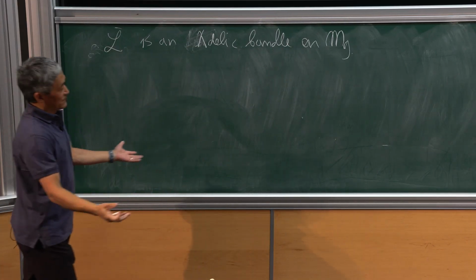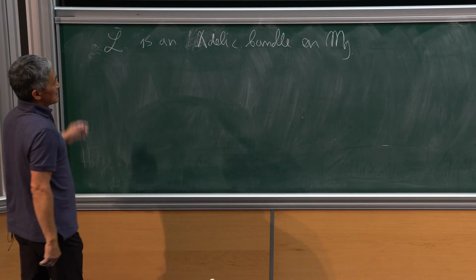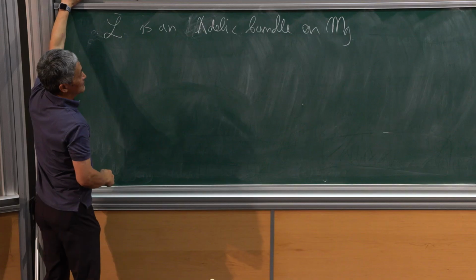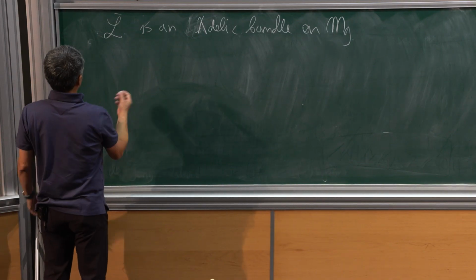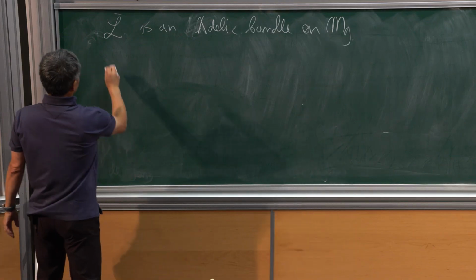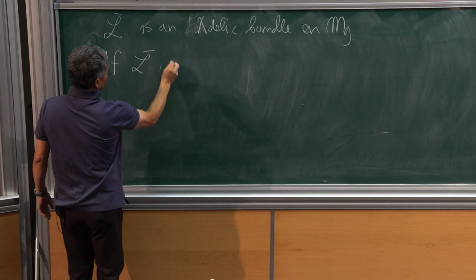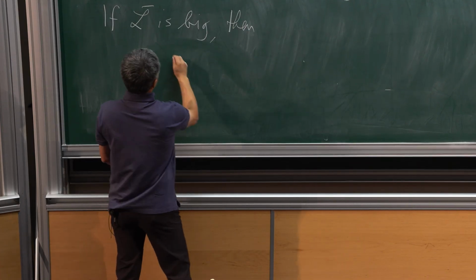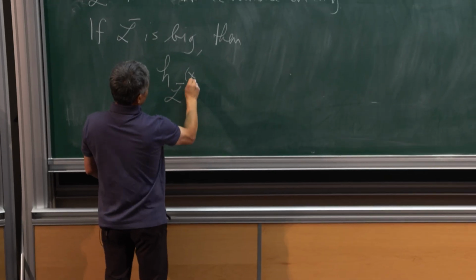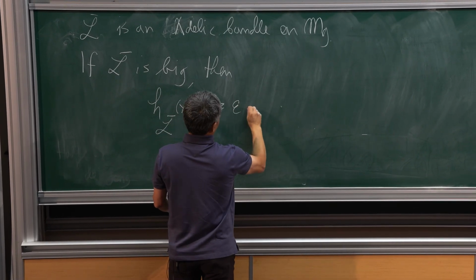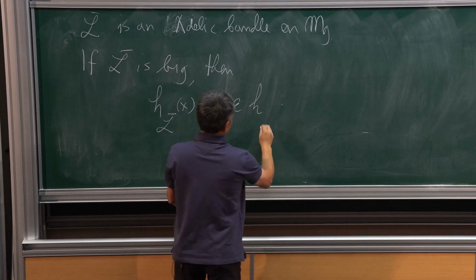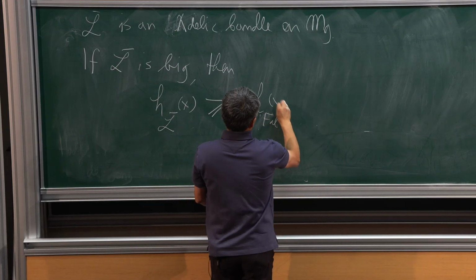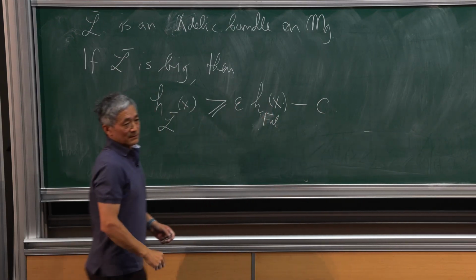Adelic means that you compactify Mg in many different ways, like the Riemann-Zariski space, and take the projective limit. This bundle will be a limit of some bundles. The height inequality says if L is big, then the height of x with respect to L will be greater than epsilon times a height on the moduli space, for example Faltings height, minus c.